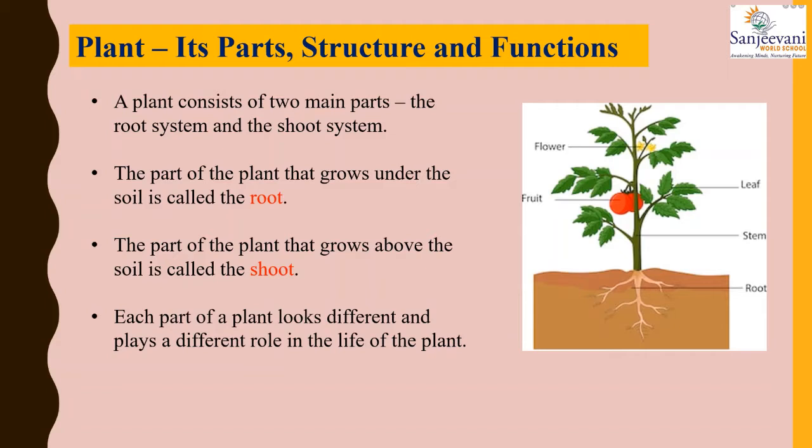The root system absorbs water with nutrients from the soil and also serves to anchor the plant. While the shoot system is made up of the stem bearing leaves, branches, flowers and fruits. And each part of a plant looks different and plays a different role in the life of the plant.